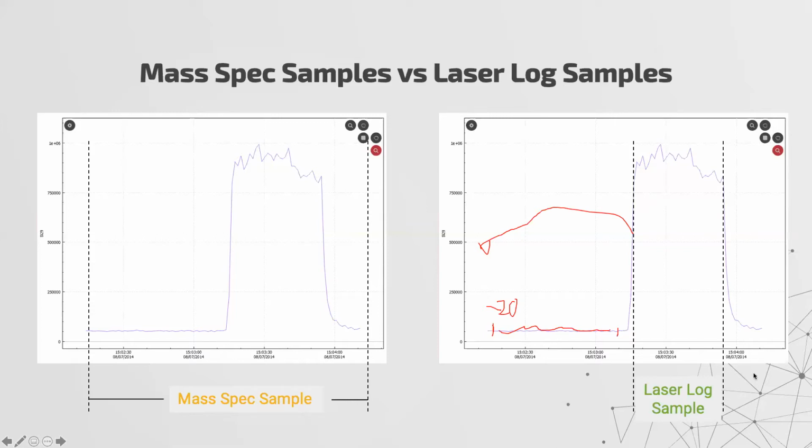And we'll do that in just a sec. So that's just one way of using the laser log file. Even though it records when the laser's on, we can still use it to select baselines.